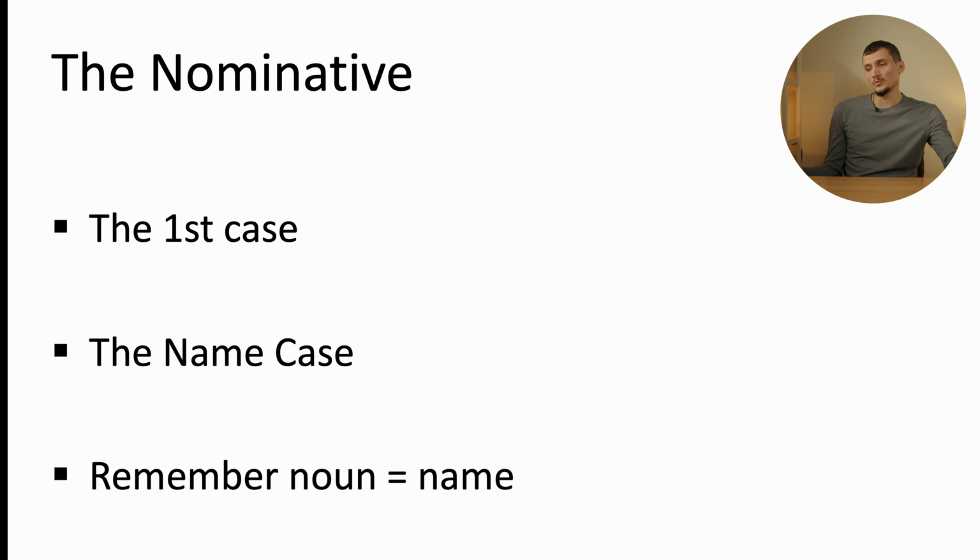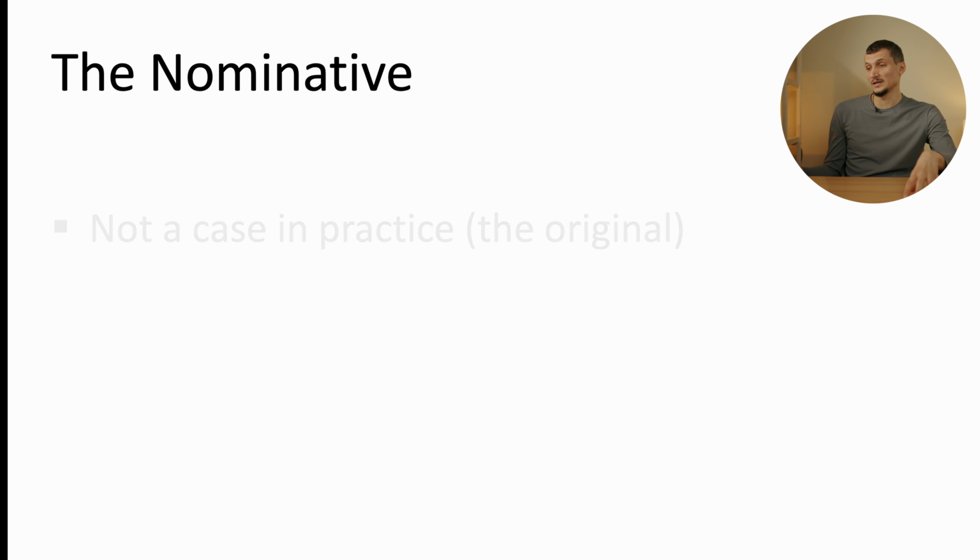And if you remember from the last lesson, the words noun and name are etymologically related. For all practical purposes, we can think of them as being the same, or at least they have a common ancestor. And so nouns equal names, and now we know also that the nominative case is the name case. So we have another word that has to do with names.